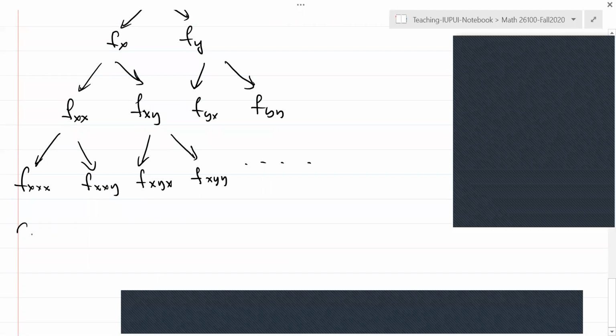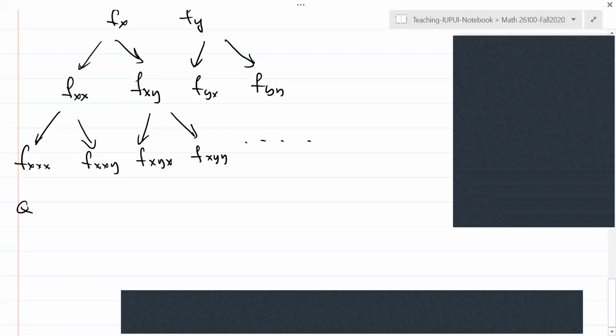Let's take a look at some examples from the book. For simplicity, we probably begin with a polynomial.